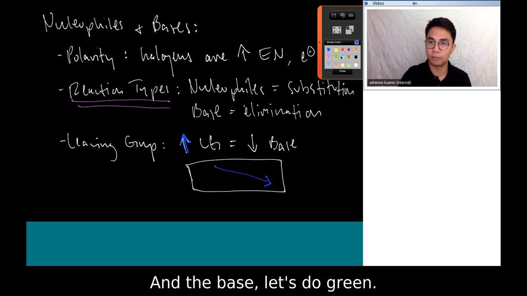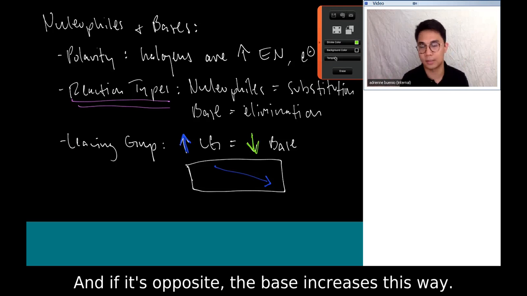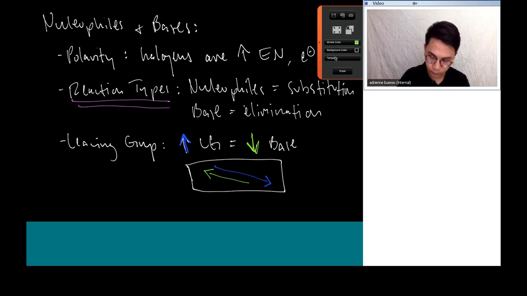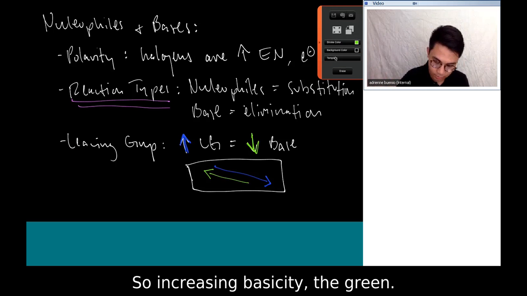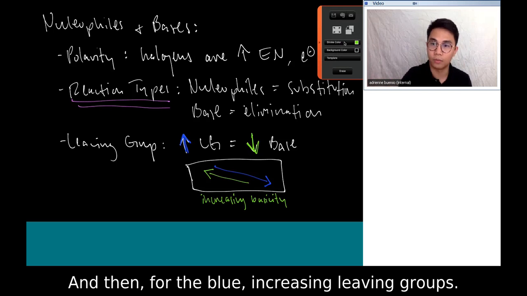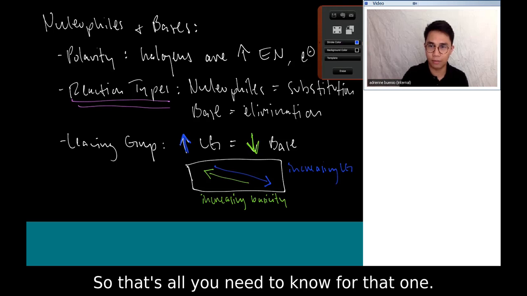And the base, let's do green. And since it's opposite, the base increases this way, right? So increasing basicity is the green. And then for the blue, increasing leaving groups, right? So that's all you need to know for that one.